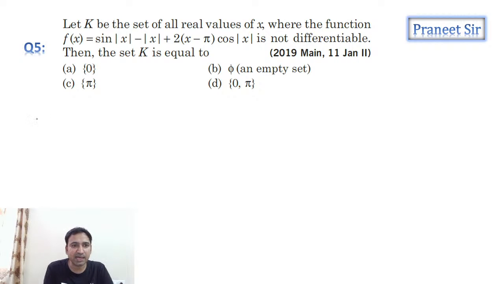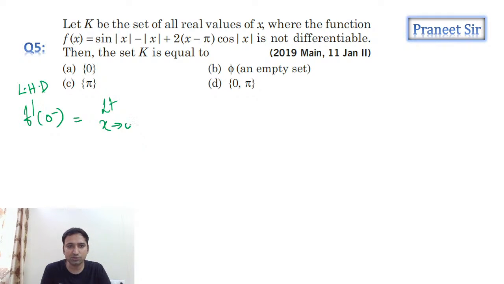Okay. So let's calculate f dash 0 minus, the left hand derivative. If I want to calculate this, limit x tending to 0 minus of f of x minus f of 0 by x minus 0. Let's calculate this.